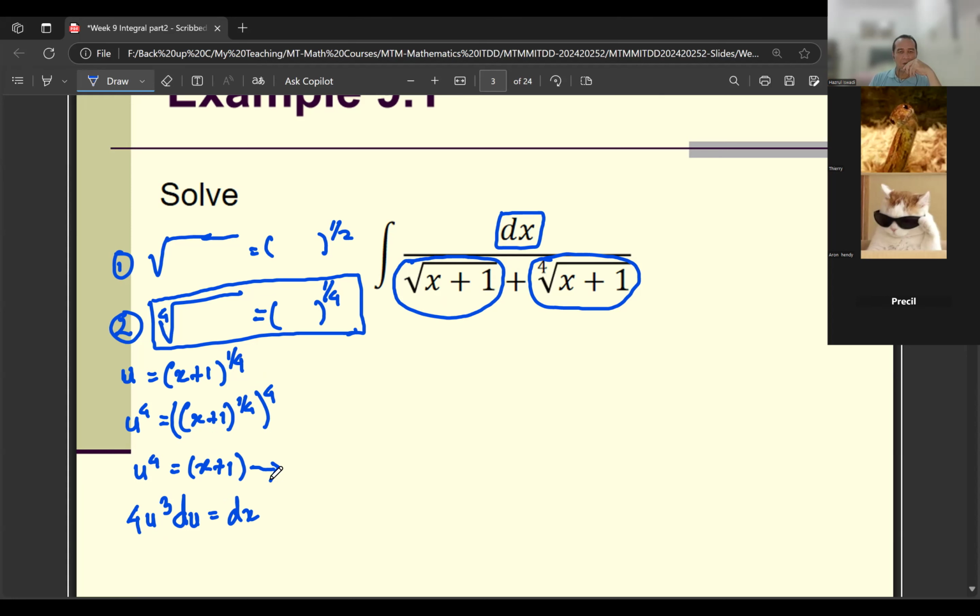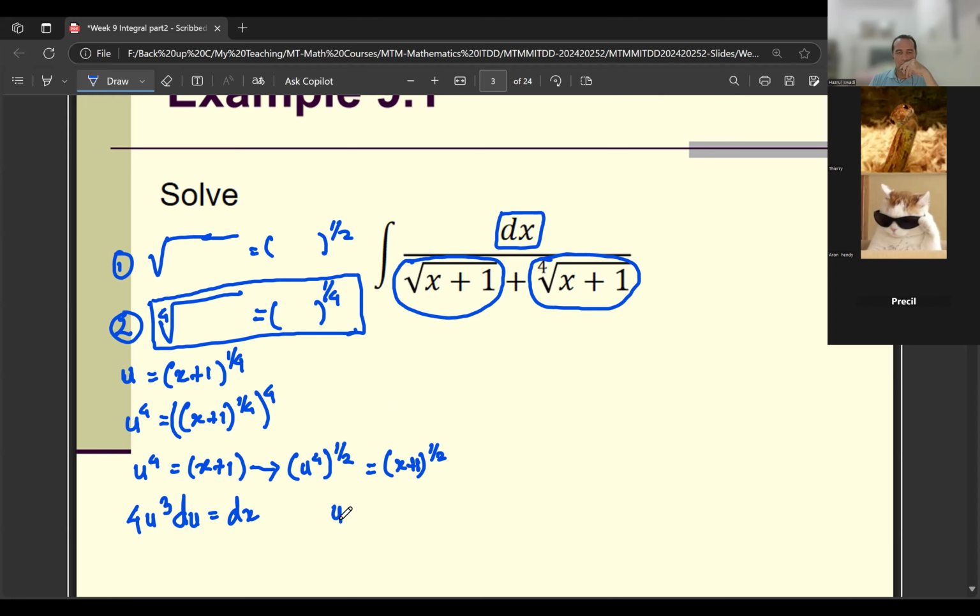We take a square root of both sides, which means for the right side, (x plus 1) to the power 1/2. So for the square root of x plus 1, this is the multiplication of 4 and a half.